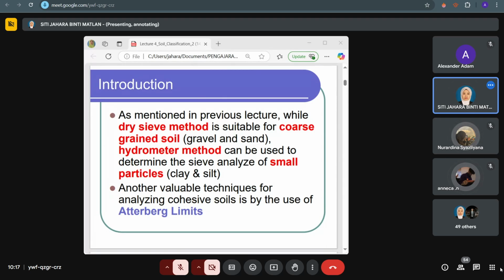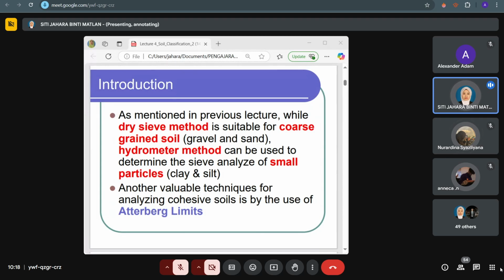However, when dealing with fine grained soil like silt and clay, the sieve method is no longer effective. So in this case we use the hydrometer or sedimentation method, which measures how particles settle in water over time to determine their size distribution.